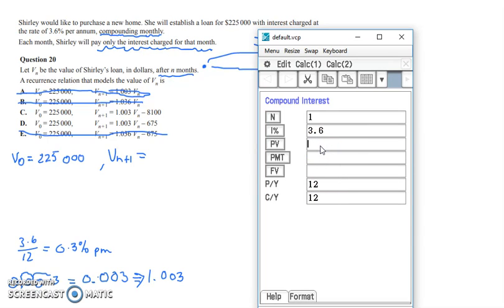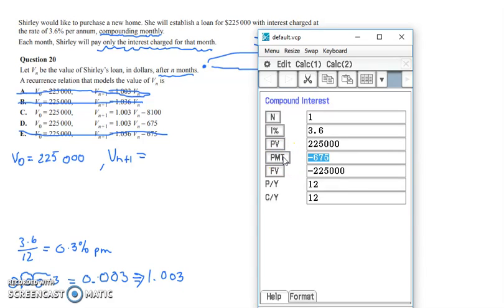Because it's a loan, the money is going into our pocket, so it's a positive $225,000. With interest-only loans, at the end of that we owe back that money, so we have to pay it out of our pocket. So it's a negative $225,000 that we owe at the end of the loan. Now we've only got one field left, our payment value.